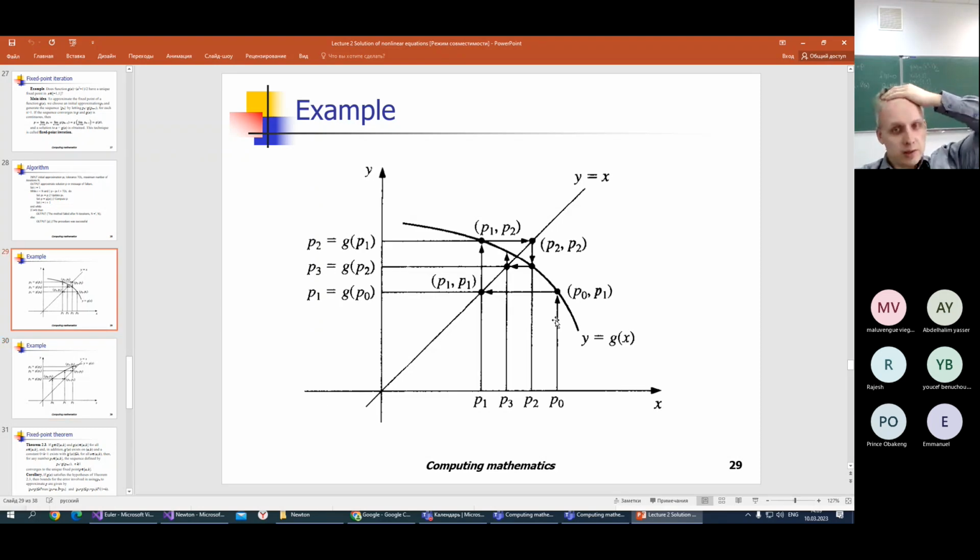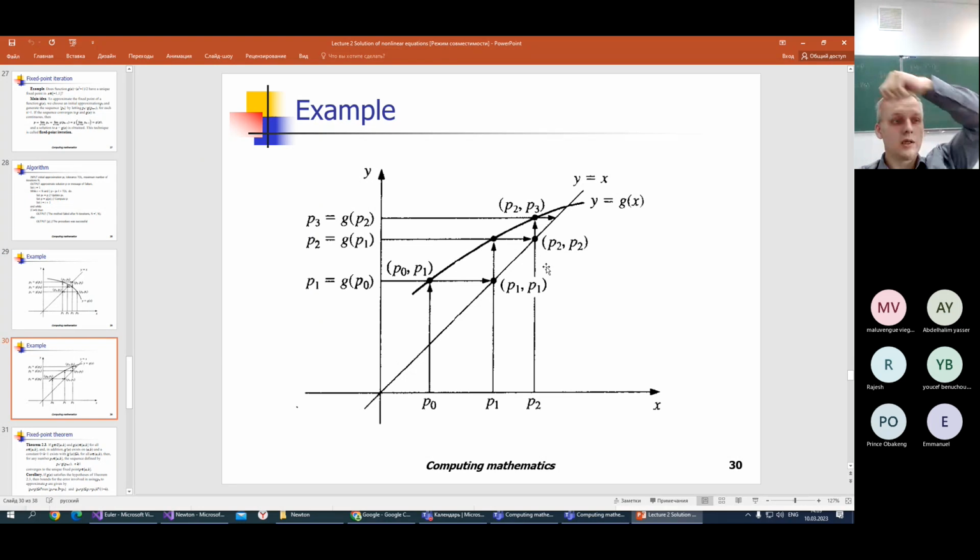But in any case, in this case or in this case, we have a convergence to the real solution.